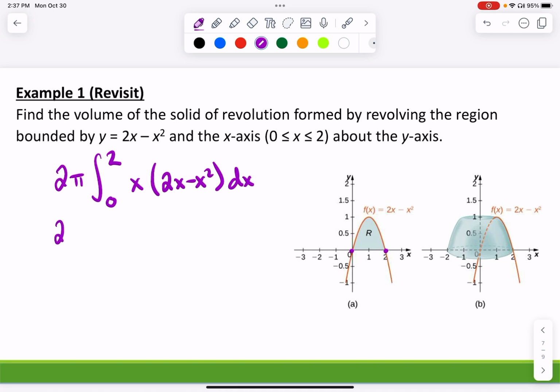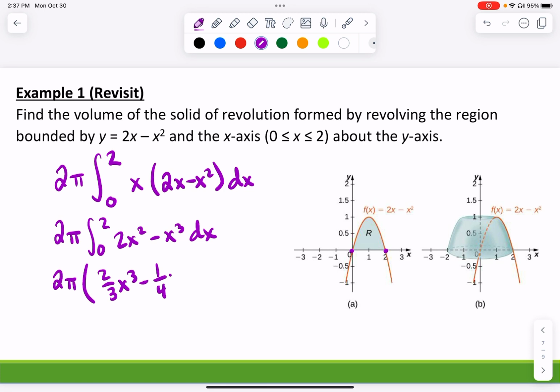Now it's a matter of just doing the calculus, really just the algebra. Distribute the x through, and then I have 2/3 x to the third minus 1/4 x to the fourth from 0 to 2.